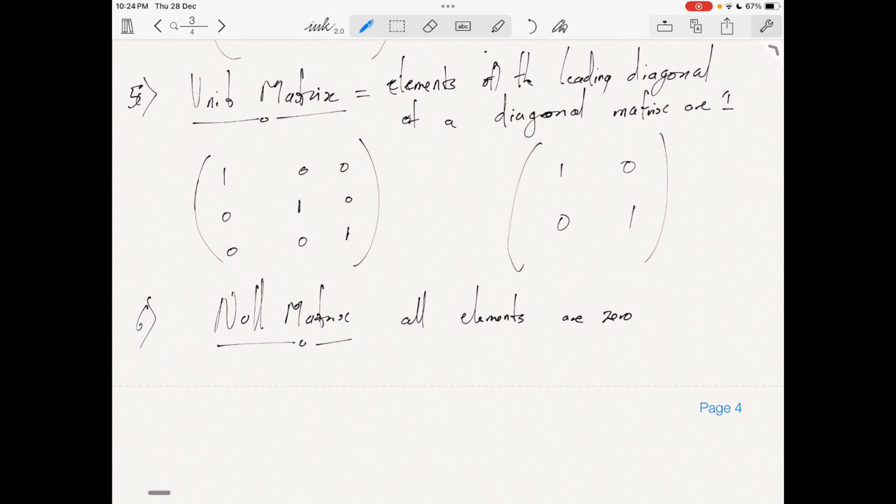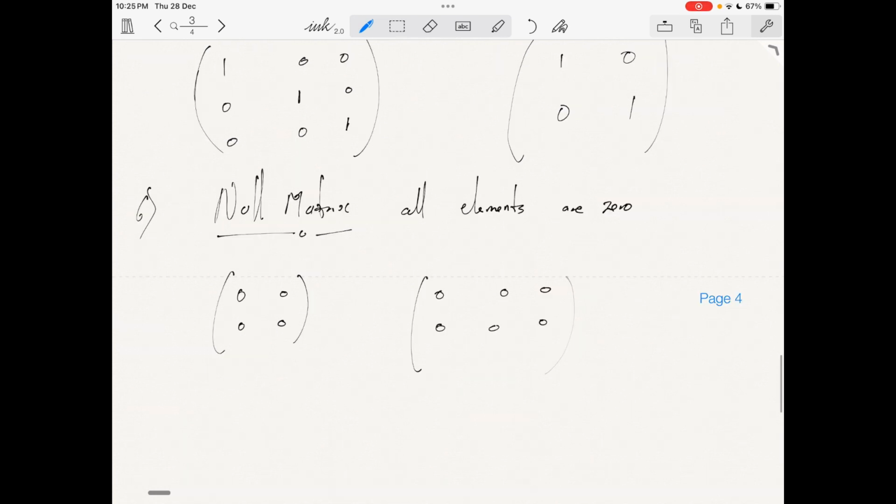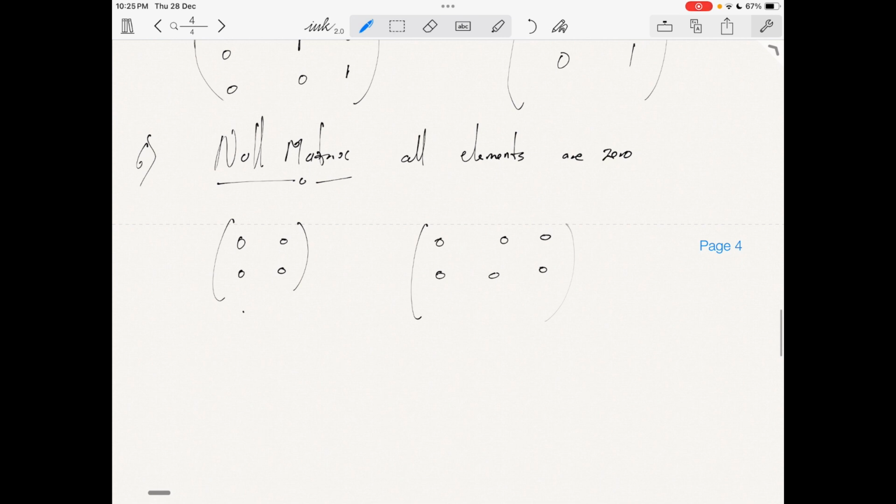So whether it is a square matrix or a diagonal matrix or a unit matrix, all the elements are 0. So that means we have 0 0 0 0, or it can also be 0 0 0 0 0 0, and it can also be all zeros, in which all the elements are 0.